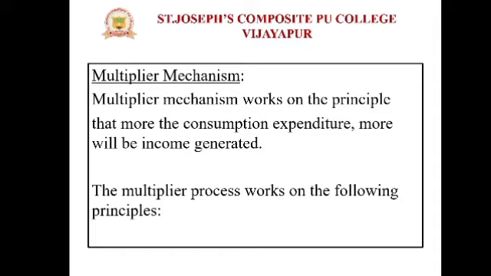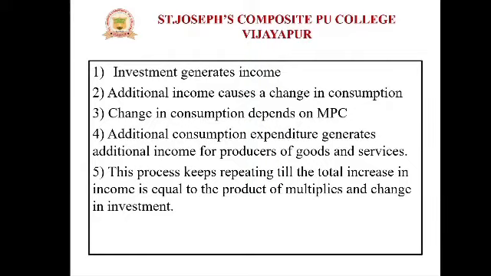The multiplier process works on the following principles. First, investment generates income. Second, additional income causes a change in consumption.